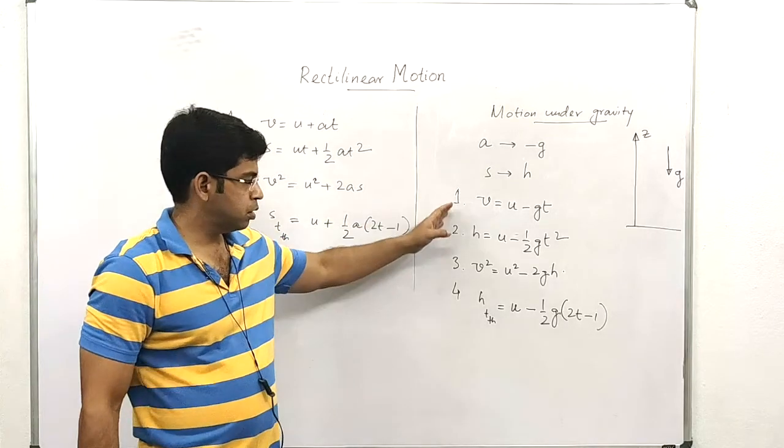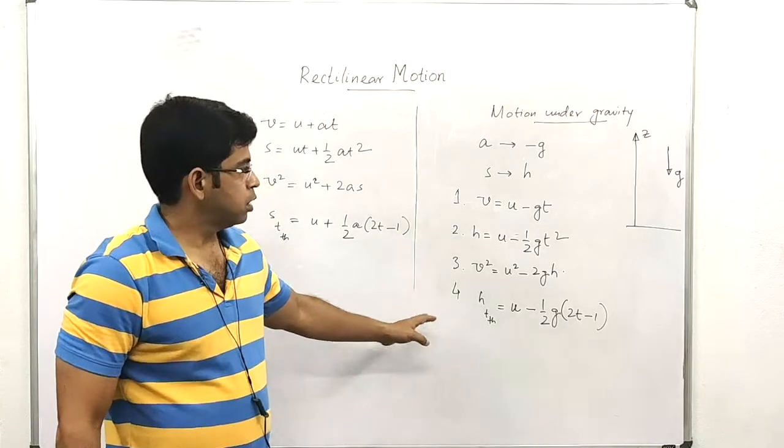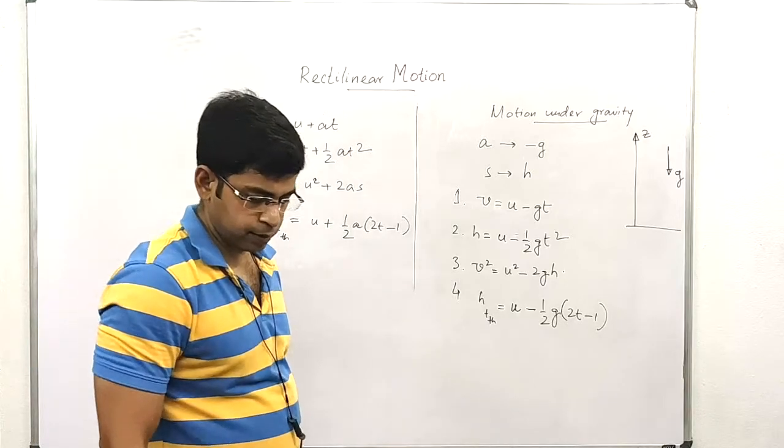So these are the four equations for motion under gravity.